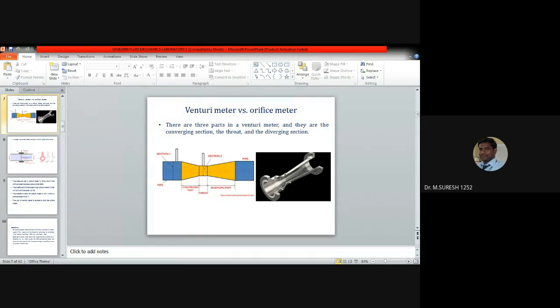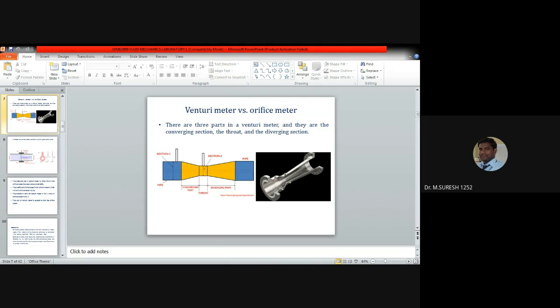The turn down ratio is the ratio between the maximum flow and the minimum flow, from inlet pipe to outlet pipe. The turn down ratio for the venturi meter is 10:1, while for the orifice meter it is 5:1 or 3:1.